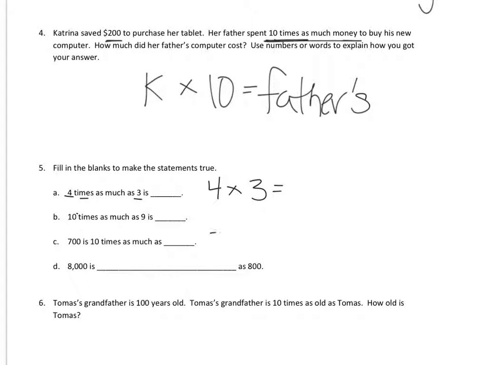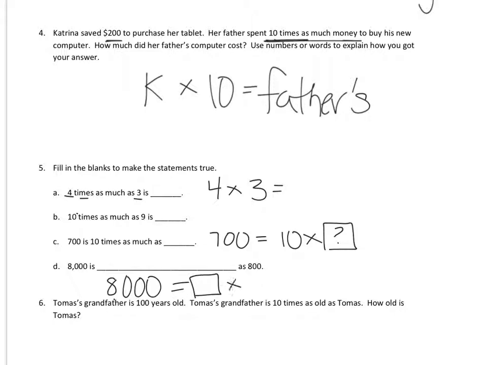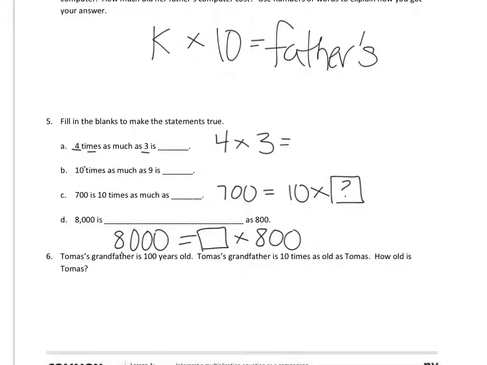Here we're saying 700 is 10 times as much as, and then this is our unknown. How much is it 10 times more than? Same here. 8,000 is how much more than 800? Once students finish problem 6, they are finished for the night.